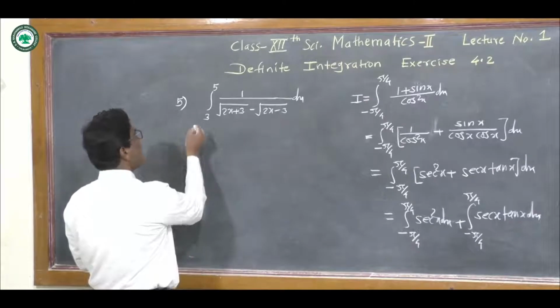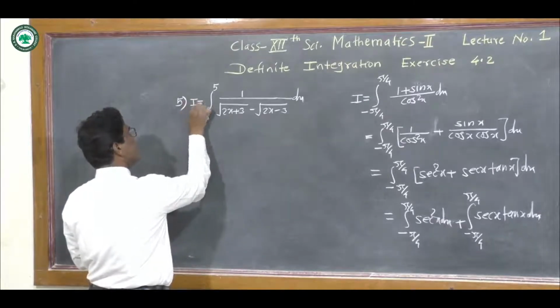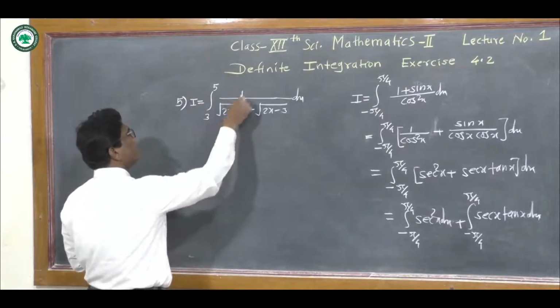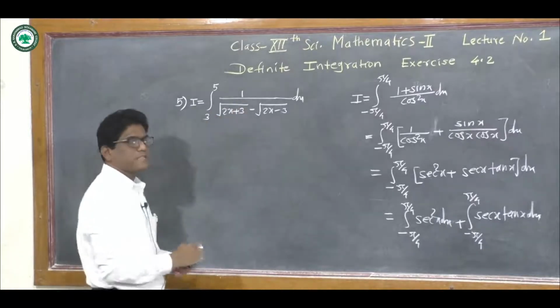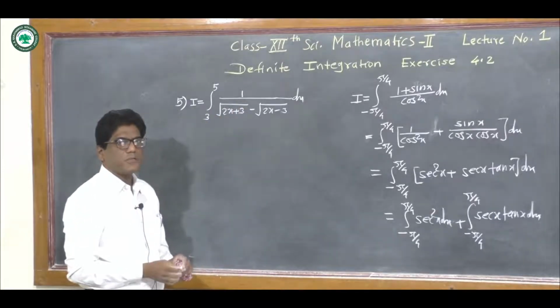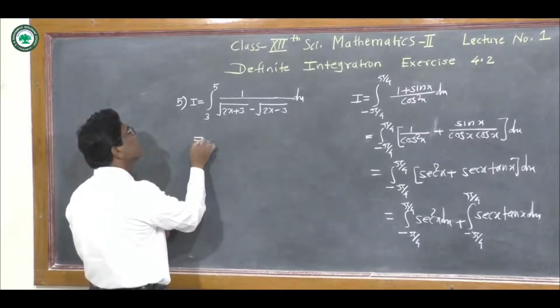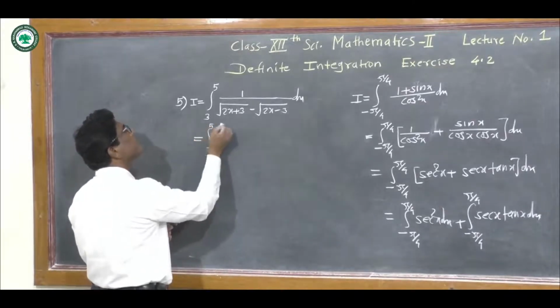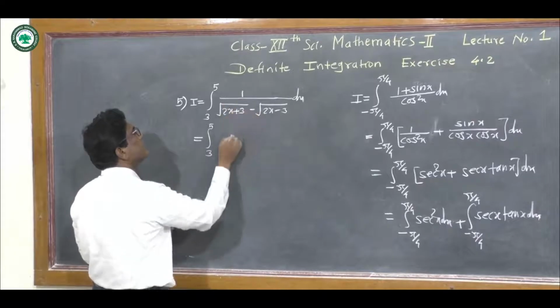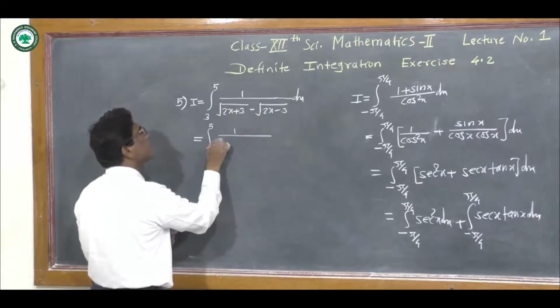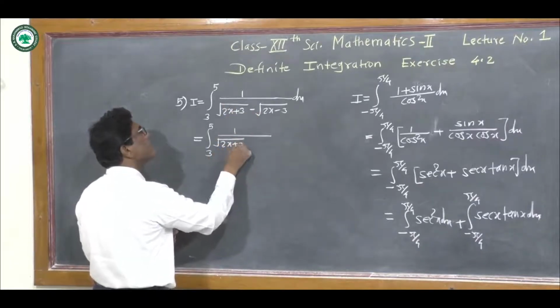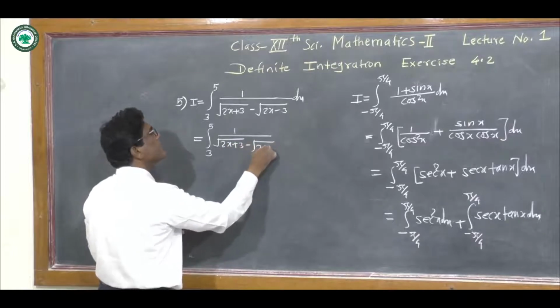Firstly call this as I. So I is equal to integration from 3 to 5, 1 upon under root of 2x plus 3 minus under root of 2x minus 3 dx. Take rationalization. So integration from 3 to 5, this rational function as it is, that is 1 upon under root of 2x plus 3 minus under root of 2x minus 3.